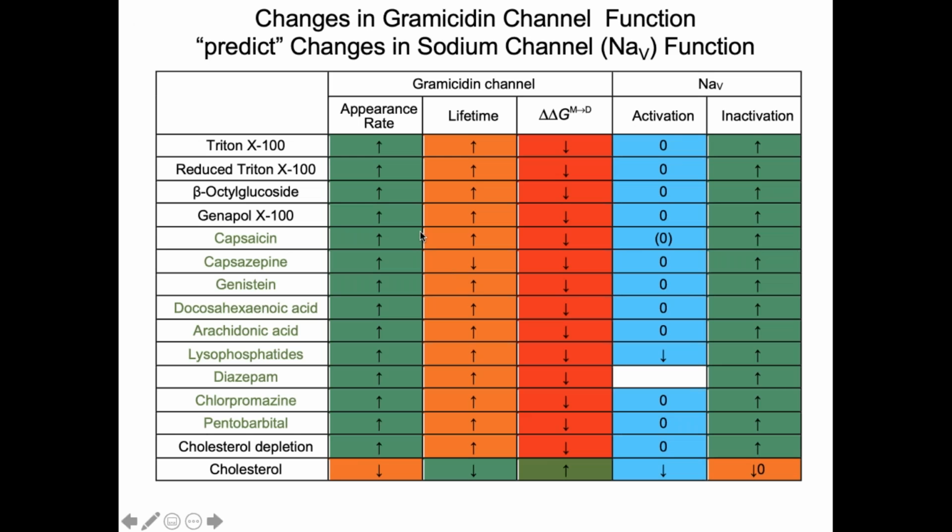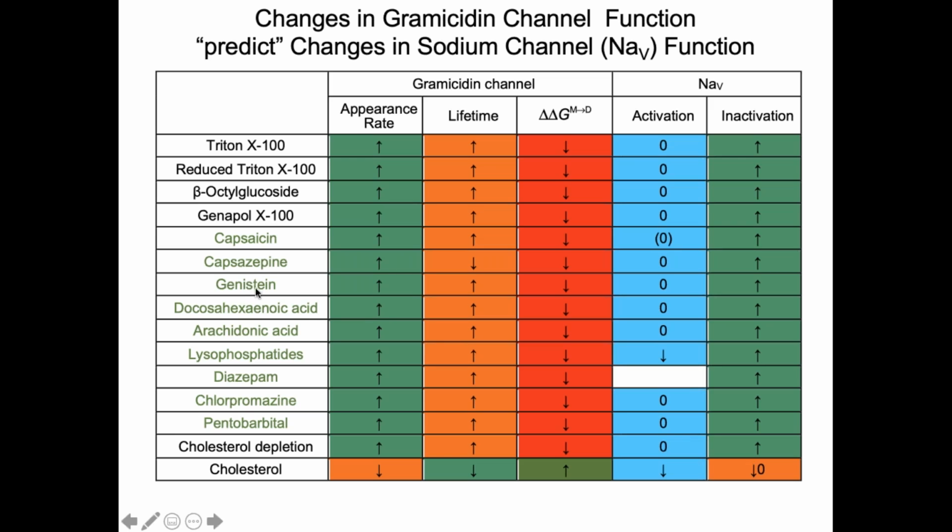And so if we now take a large number of different molecules, detergents, various drugs and other bioactive molecules, and either cholesterol depletion or enrichment, what we find is that there is a one-to-one mapping of changes in gramicidin channel function and changes in sodium channel function. So there is a generality to this.